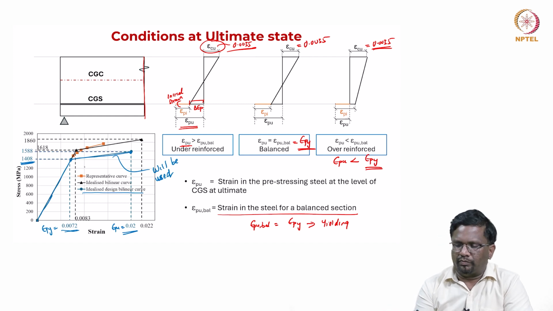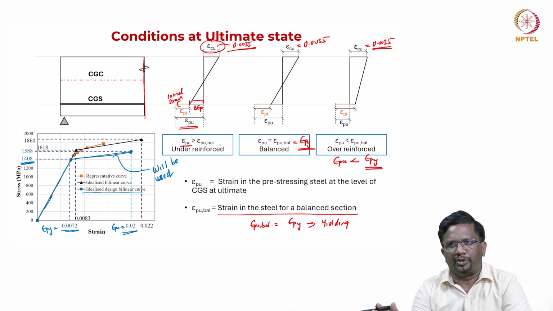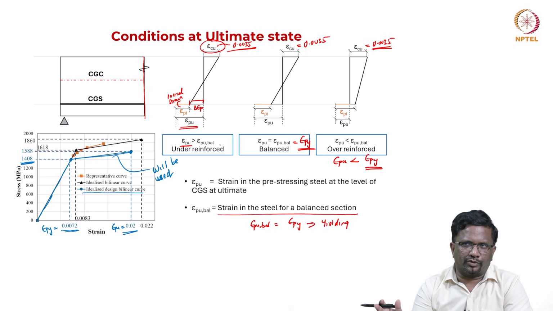So, now we have understood the different failure modes: under reinforced failure mode, balanced mode and over reinforced mode. Under reinforced failure will happen when you put less steel, and over reinforced will happen when you put more pre-stressing steel, which ensures that the concrete is going to fail before the steel yields, just like what we have done in advanced reinforced concrete.